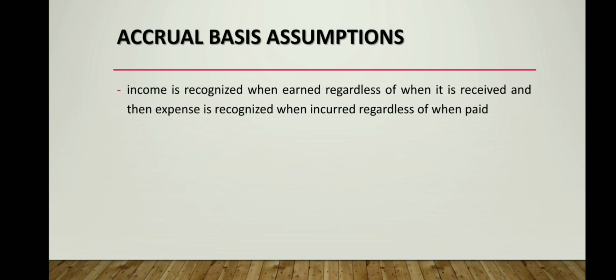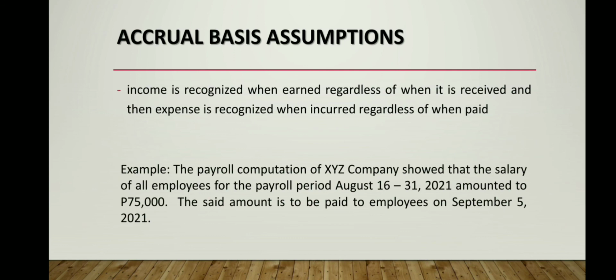Another example we have here. The payroll computation of XYZ company showed that the salary of all employees for the payroll period August 16 to 31, 2021 amounted to 75,000 pesos. The said amount is to be paid to employees on September 5, 2021.